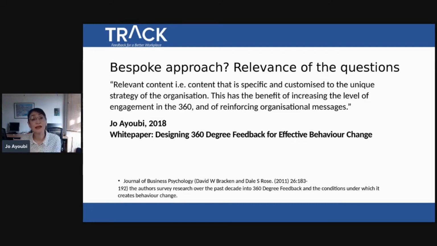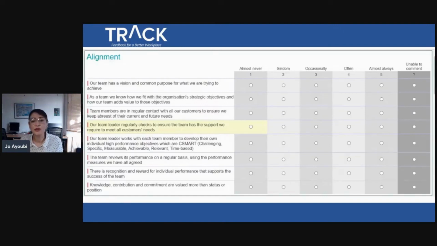Well, you can use that to help the team to analyze where they are, to do a 360, to actually measure where they are now. And if I show you one of these bespoke 360s, this is specifically for a team, and this shows you the key areas that in this particular project were key to the team's effectiveness.